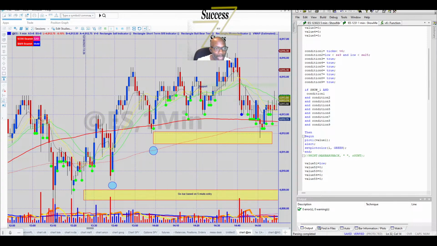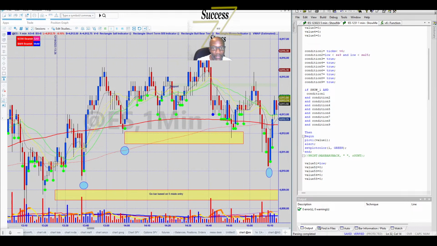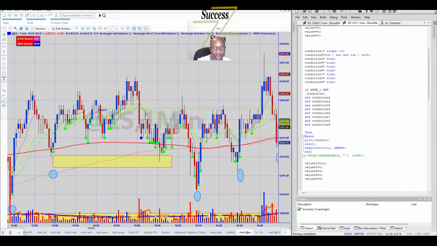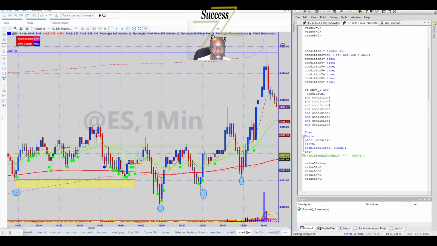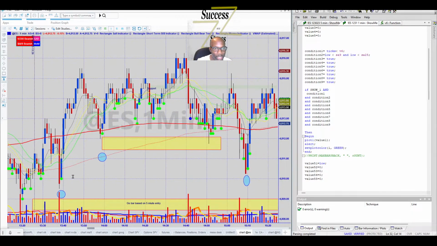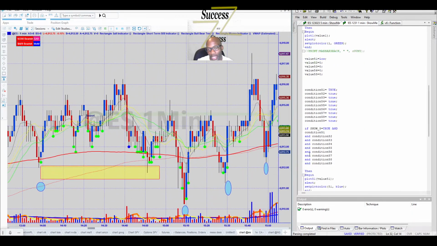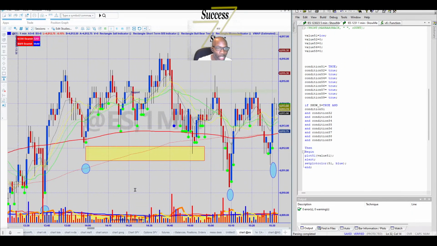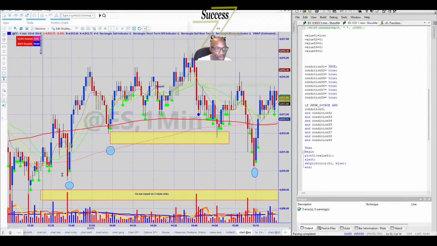Whatever's happening over here, we don't really care. And whatever's happening beyond this is outside of our 1 to 3 risk to reward ratio based on our 5 minute time of entry. So we don't care what's on the right side of the bar, we don't care what's on the left side of the bar. We just care about what's going on in here.